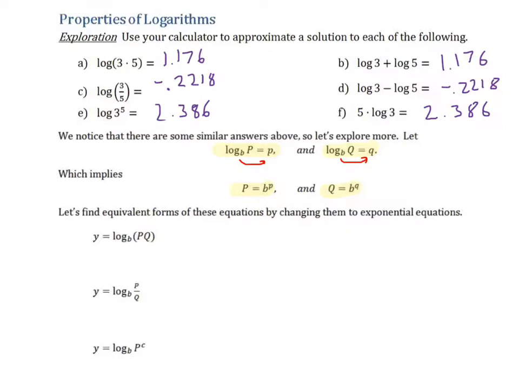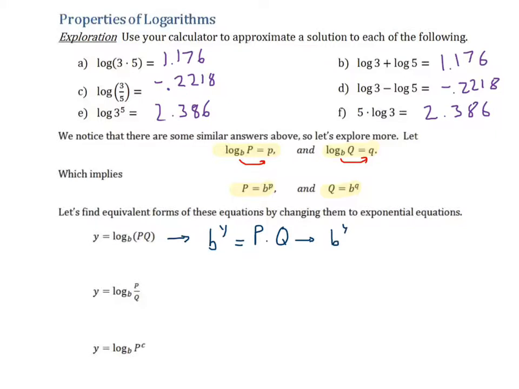Now let's use that to figure some things out here. Let's say we have y is equal to log base b. B is just any positive number here, of P times Q. Well, all right, so we know that this gives us, we could rewrite as b to the y equals capital P times capital Q. All right, and that we could write like this.